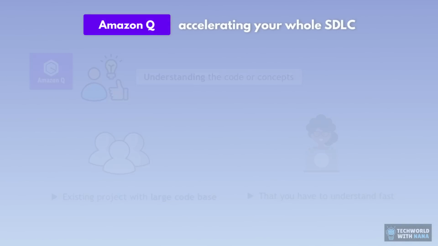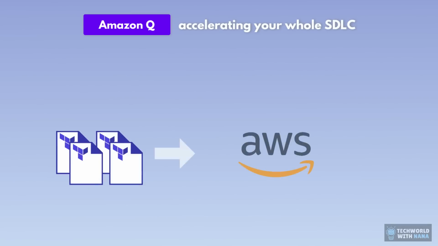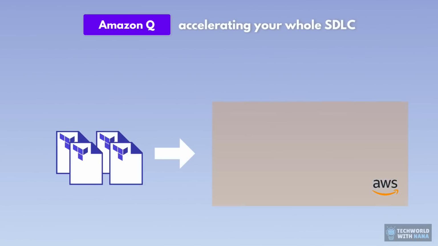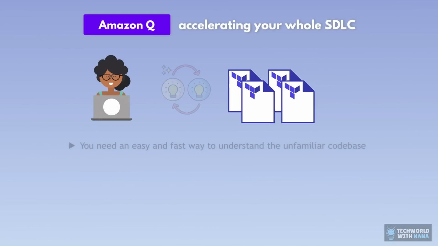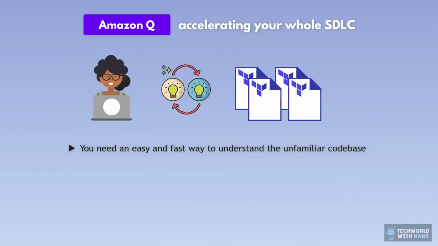For example, you have a Terraform project that provisions AWS infrastructure with various different services, like configures an EKS cluster and integrates it with different AWS services, then creates some IAM roles and permissions, creates some Kubernetes components. So let's say there's a lot of things going on in the project, and you need an easy way to understand that Terraform code, especially if you are a junior engineer and your Terraform knowledge is not as good.